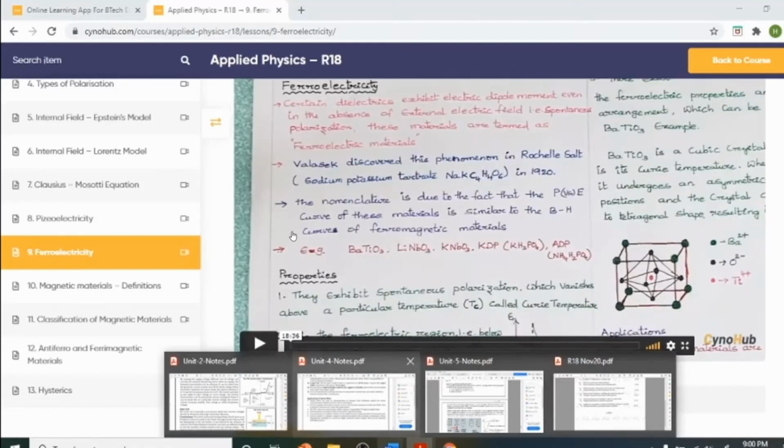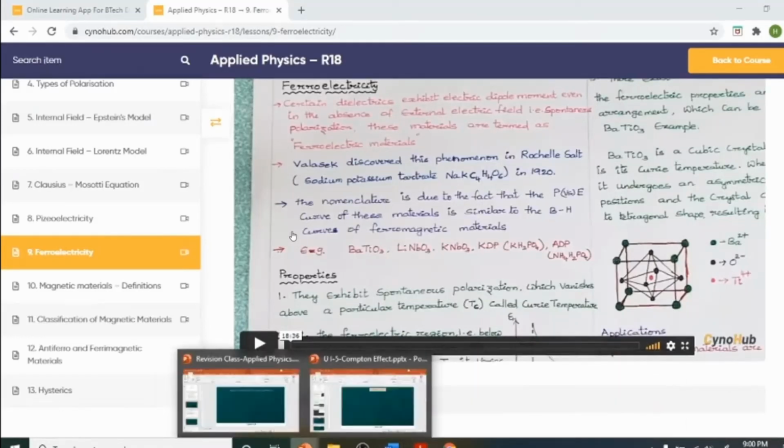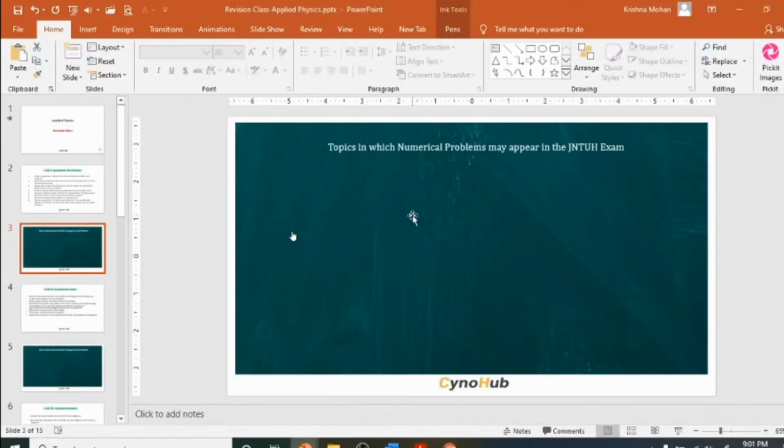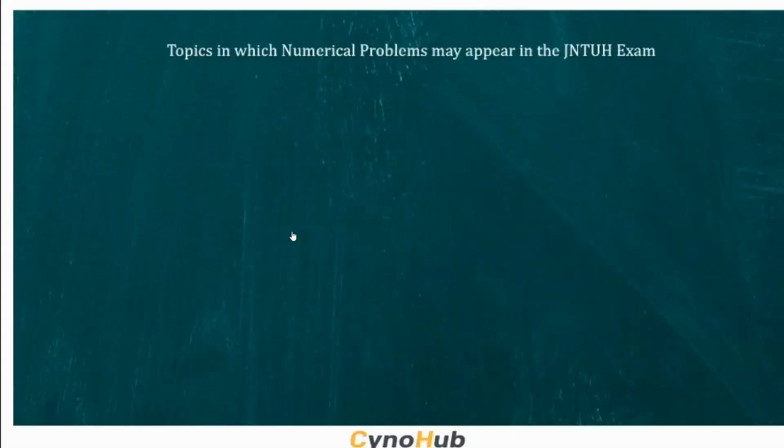Anyway, now let us go back to the problem areas of this particular unit. In unit 5, we would have problems coming from equations. One is B is equal to mu naught into H plus I, where B is magnetic induction or magnetic flux density.